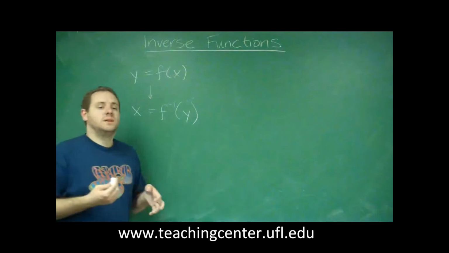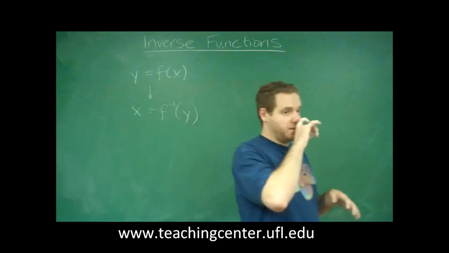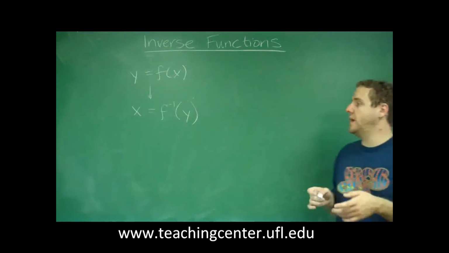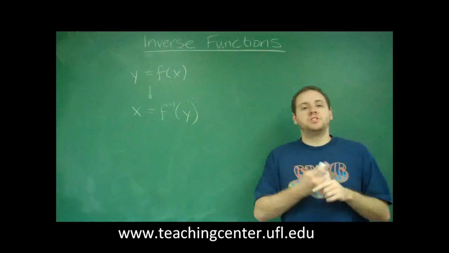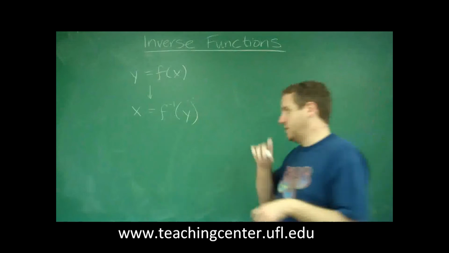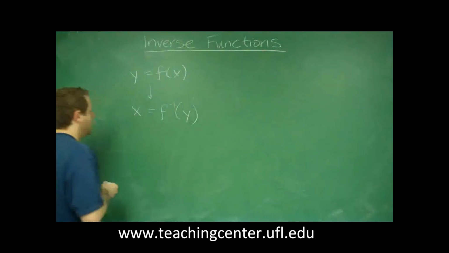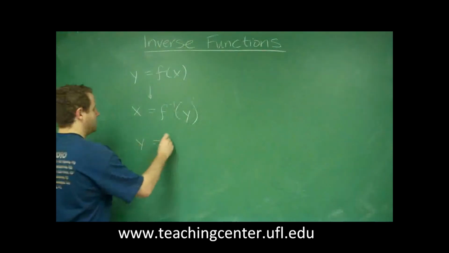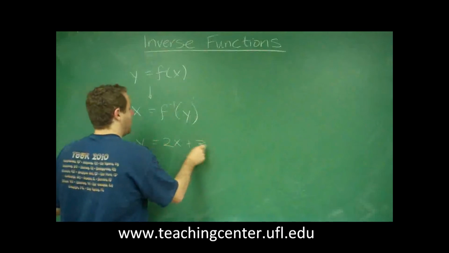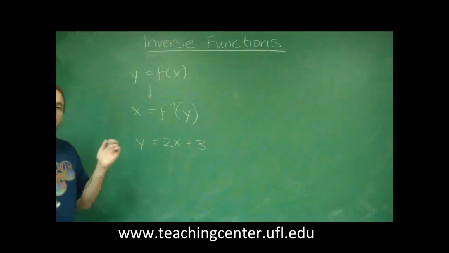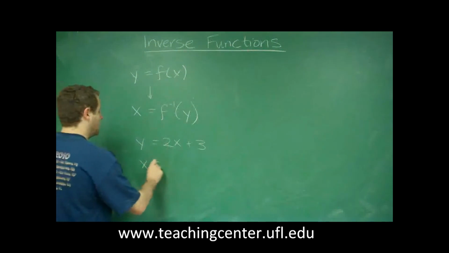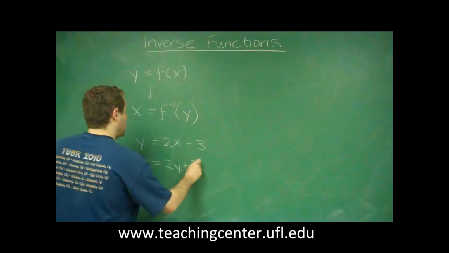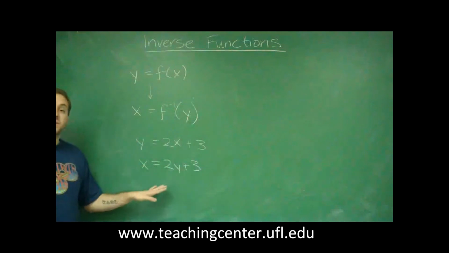Let's think about what those mean both algebraically and graphically. One way you can always figure out if something is its inverse is you can switch x and y and then resolve the equation. So for example, if you had something like this, a simple line, y equals 2x plus 3, and you wanted to find its inverse, what you would do is you would switch x and y, and now solve this for y.